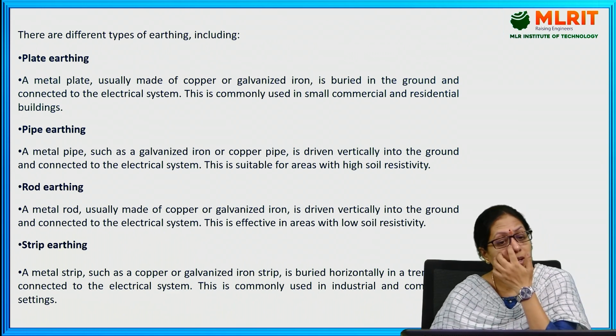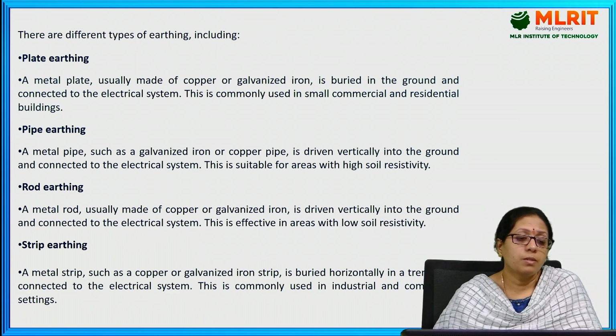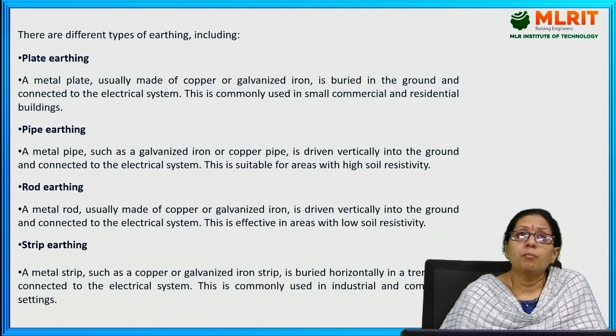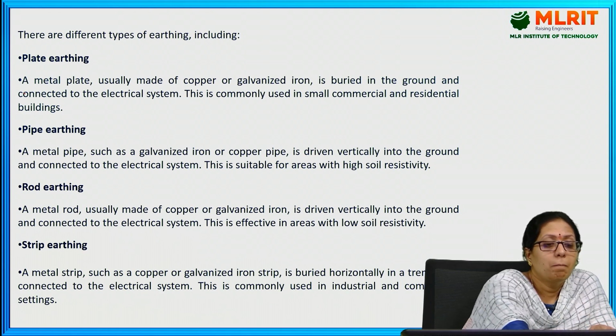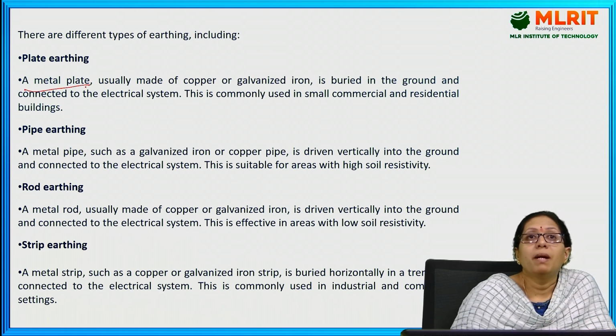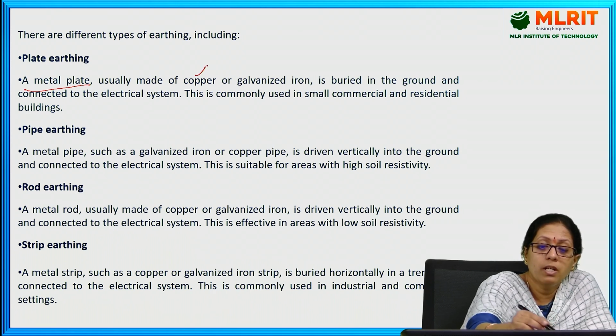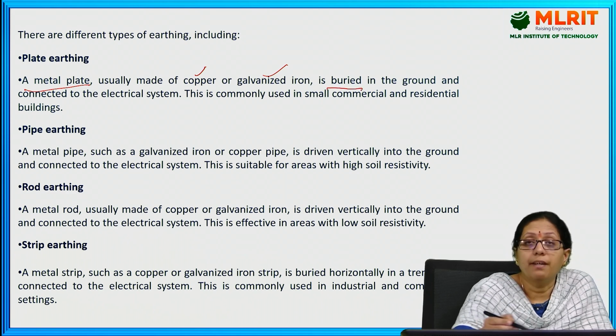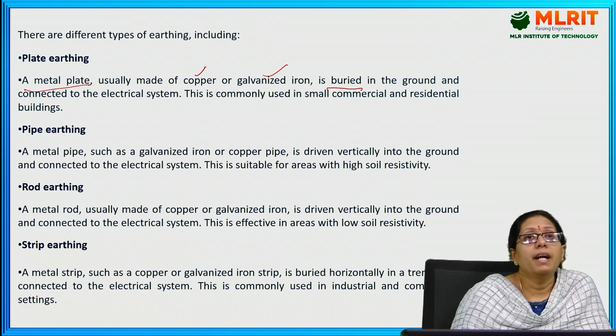These are the different types of earthing systems, that is plate earthing, pipe earthing, rod earthing and strip earthing. First one, plate earthing. A metal plate, mostly made up of copper or galvanized iron, is buried inside the ground and connected to an electrical system.